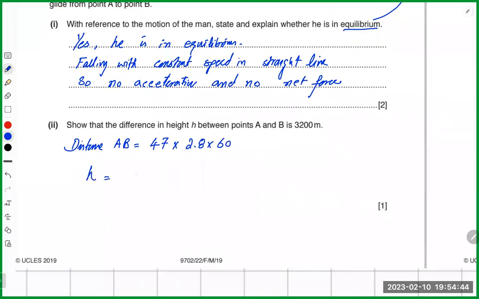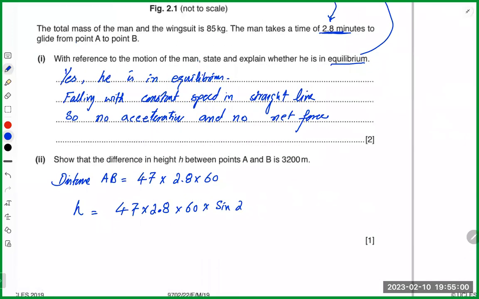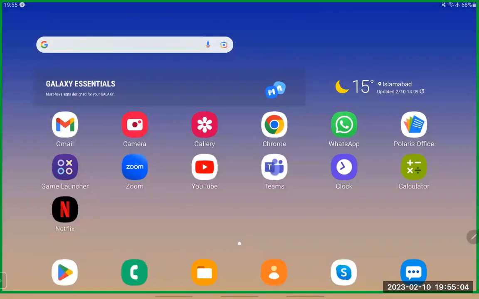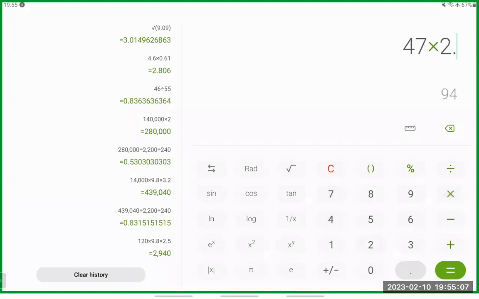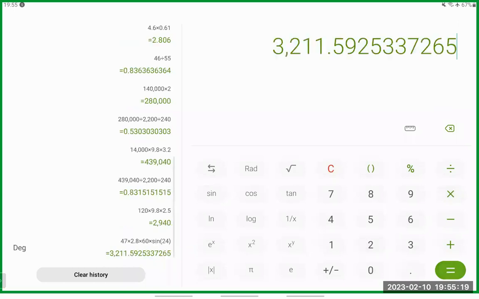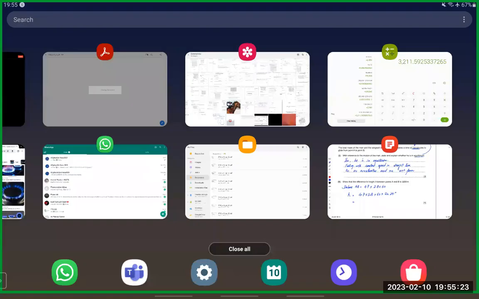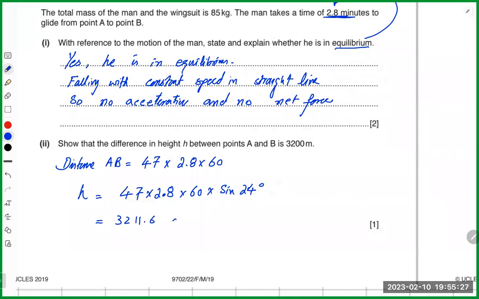And height will be 47 into 2.8 into 60 into sine 24, which is 3211.6, which is approximately 3200 meters. Okay, how many of you got this one right?